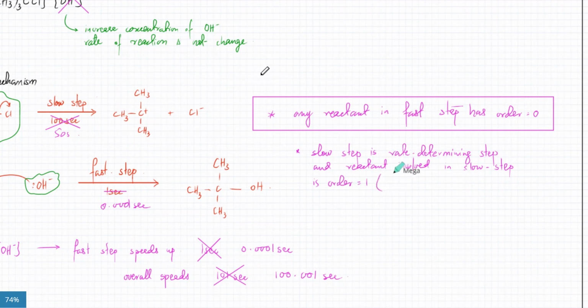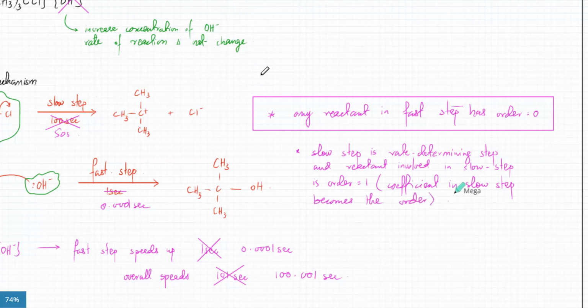And we should also add that the coefficient in the slow step would become the power. So coefficient, one second. It becomes the order.